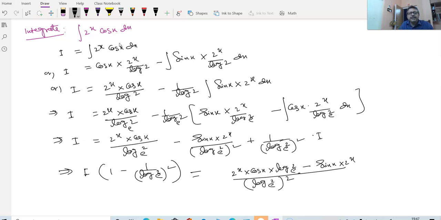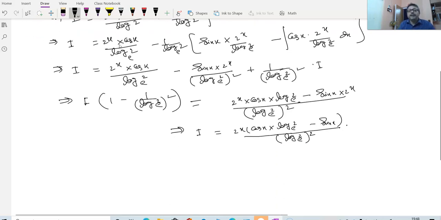After simplification you will get the value of I, which will be I equal to 2 to the power x into cos x plus sin x log 2 by log 2 base e whole square, plus c of course will be there.